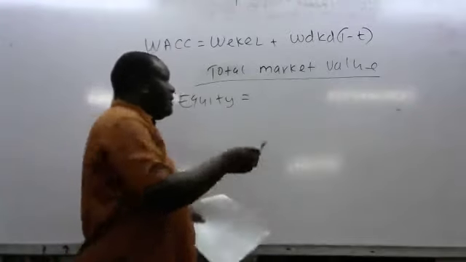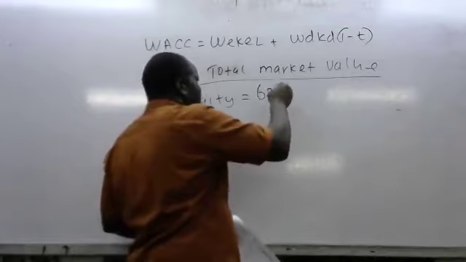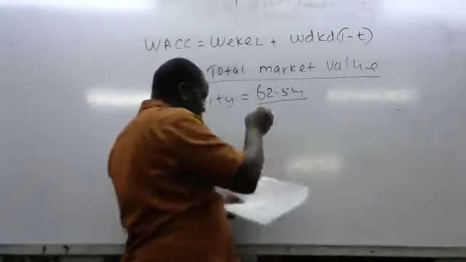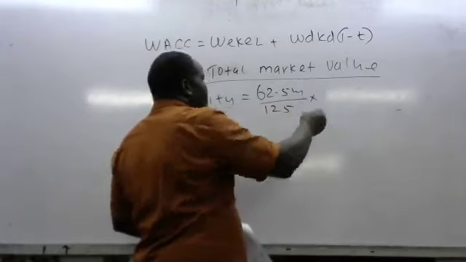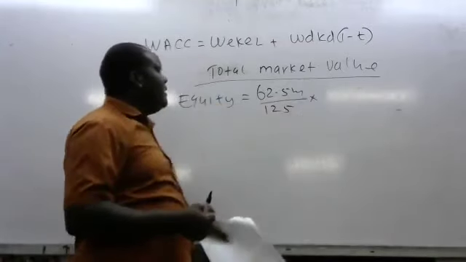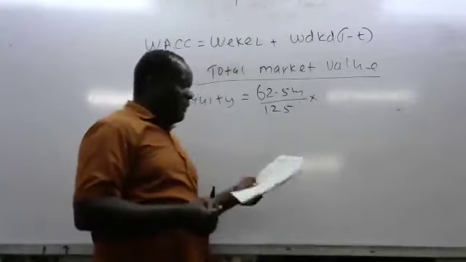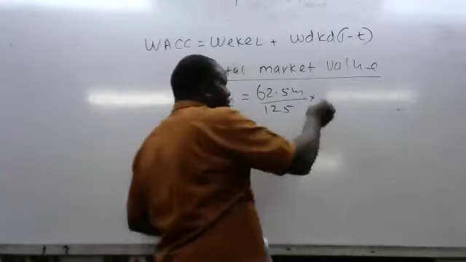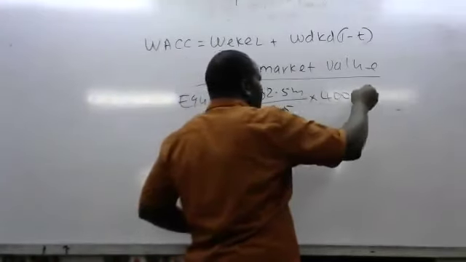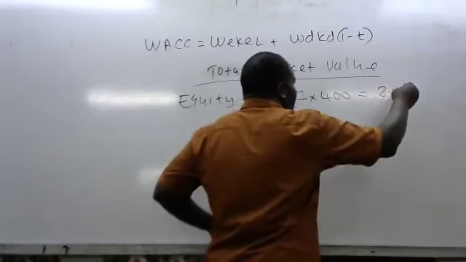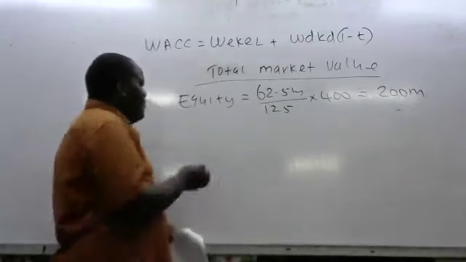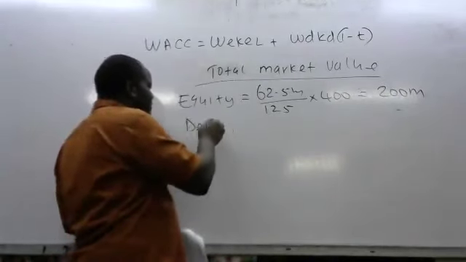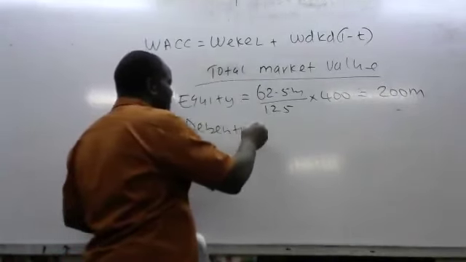You remember the 62.5 millions, divided by 125, then multiplied by 400. Remember it gave us 200 millions.